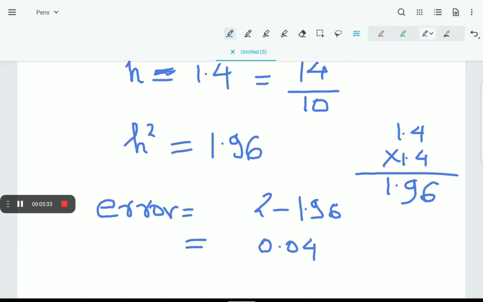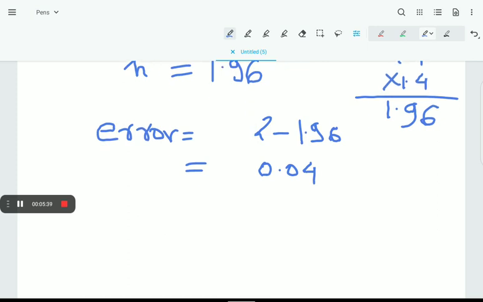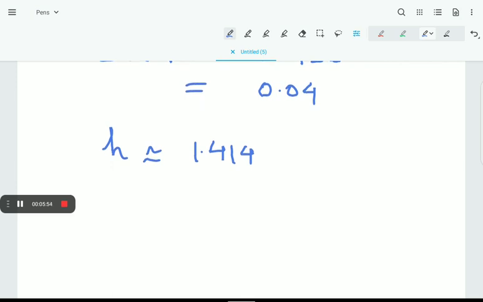Yeah, that's almost 2. Okay, then they must have said, well, it is more accurately equal to 1.414.